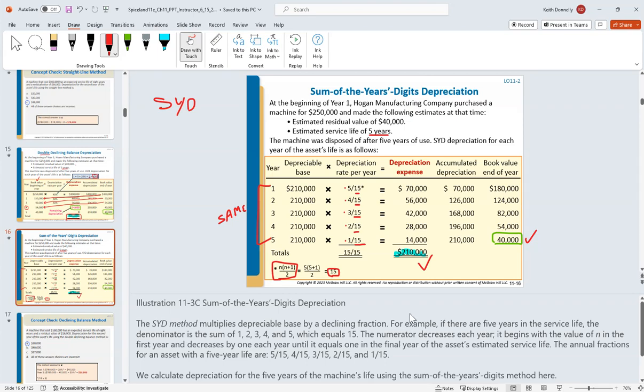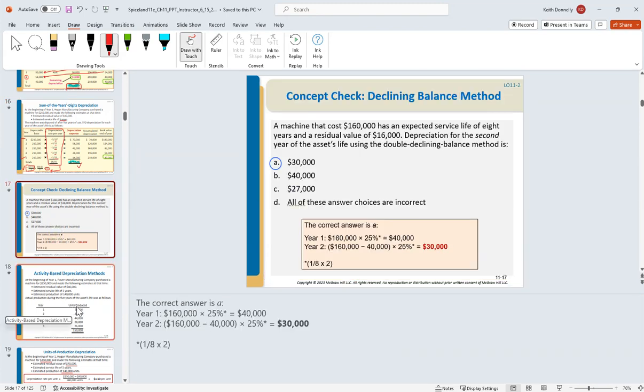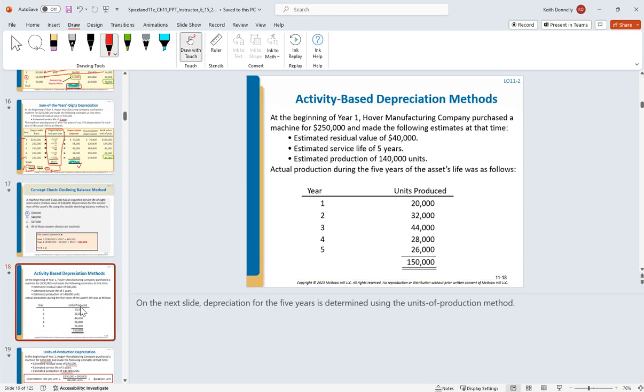That's great. So for sum of the year's digits, what's the new part? Where can you get tripped up? Probably this column right here, just a little fraction. You need to know that to be able to do it. There's an MCQ you can look at.